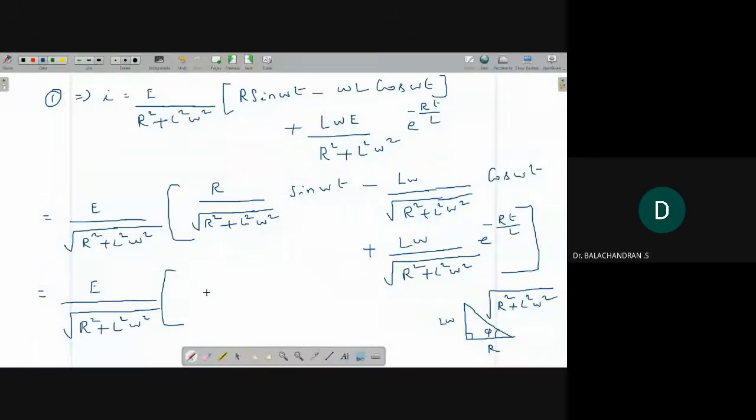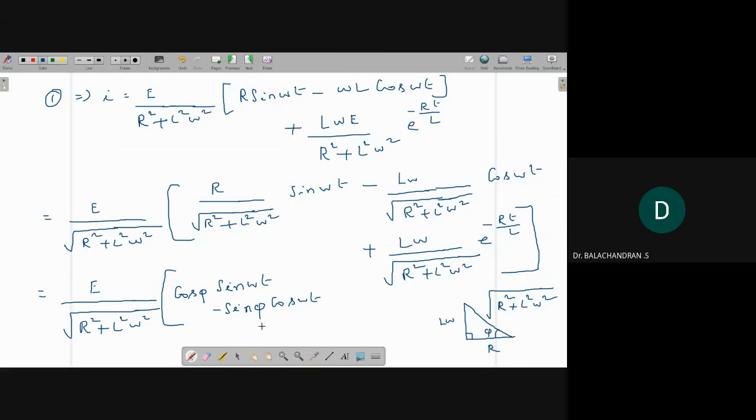Cos phi into sin omega t. And then L omega divided by root of R square plus L square omega square is sin phi. Minus sin phi into cos omega t.